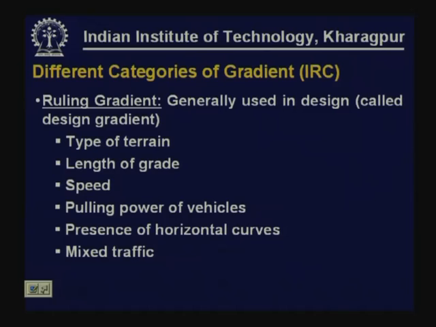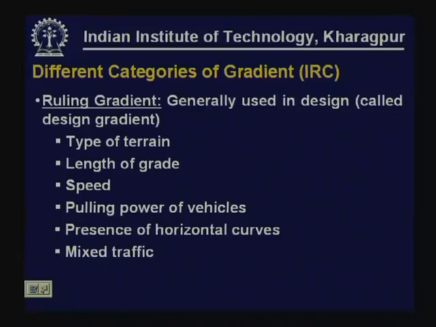It is not an easy task to fix the limit for ruling gradient, because the gradient acceptable in a plain region may not be acceptable for a hilly region. So, it has to be a function of the terrain classification, or depending on the terrain condition it will vary. Similarly, length of the grade and speed.